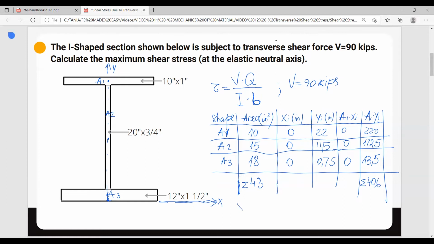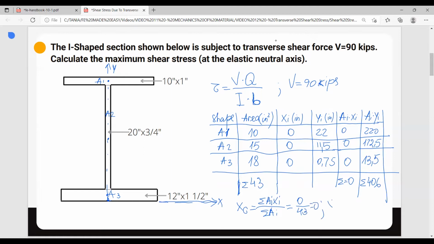Okay, so X, the centroid, is the sum of AiXi over the sum of Ai, and of course, this sum here equals 0. So here we'll have 0 over 43 equals 0.